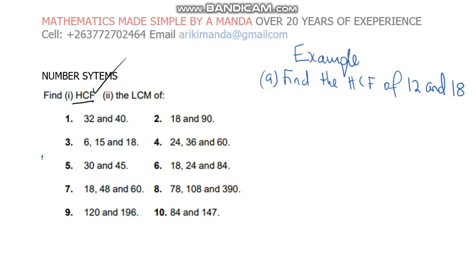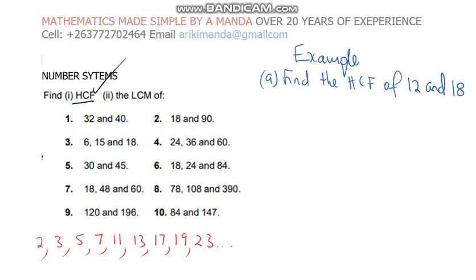The first prime number is a 2, followed by a 3, followed by a 5, a 7, 11, 13, 17, 19, 23, so on and so forth. And prime numbers, like we covered in our previous lesson, refers to a number that has two factors only, that is 1 and itself.